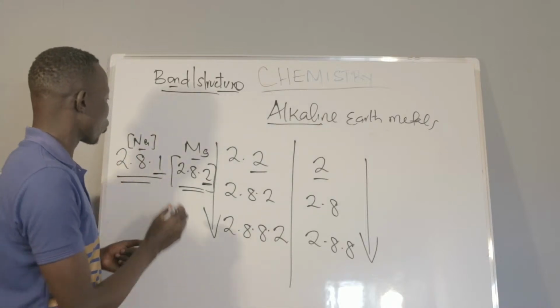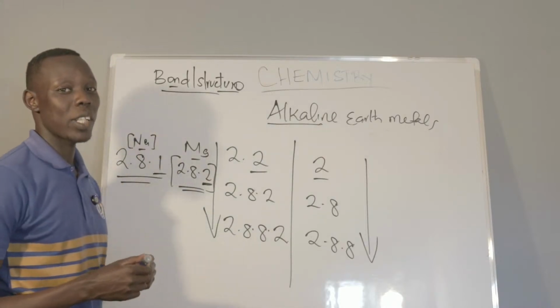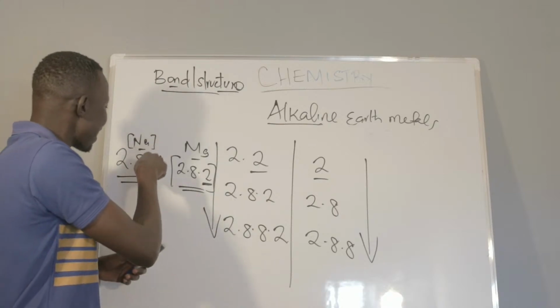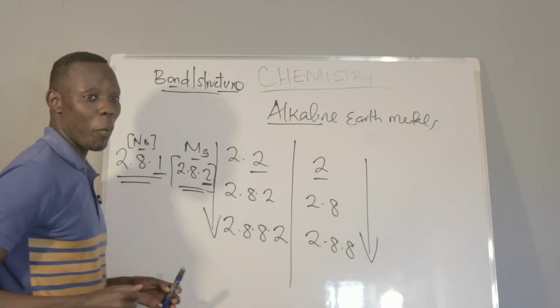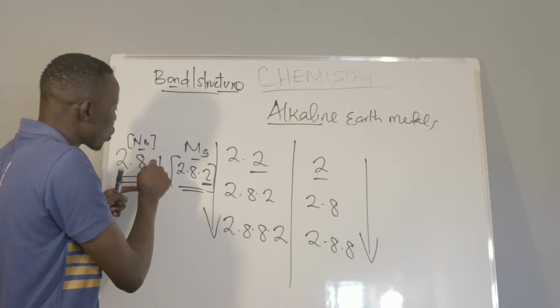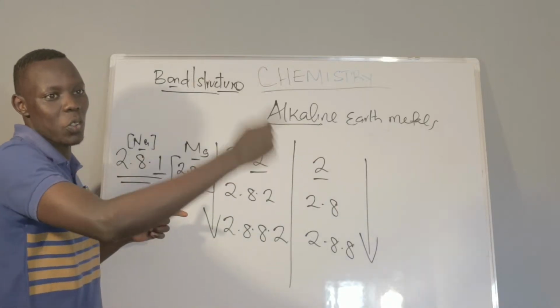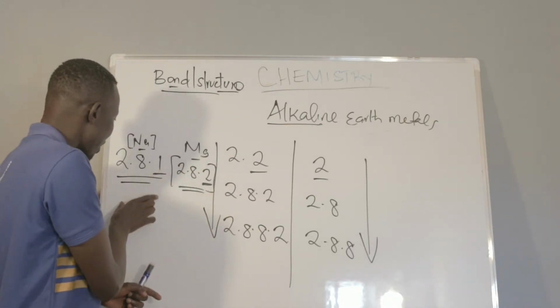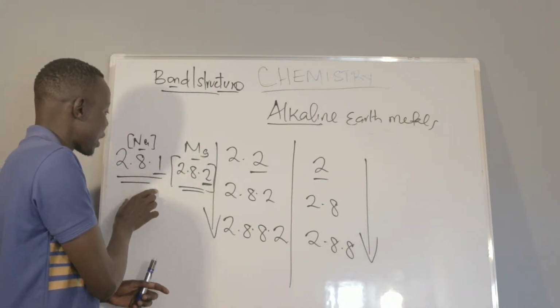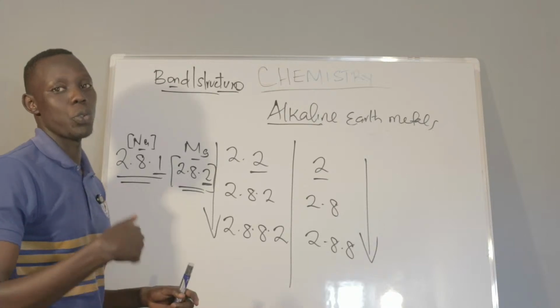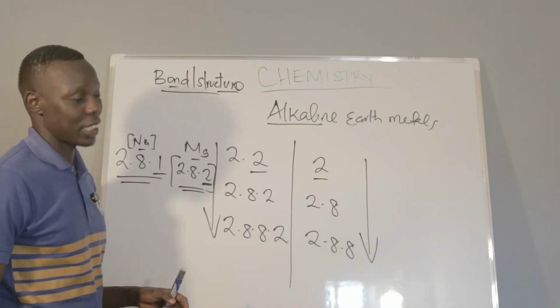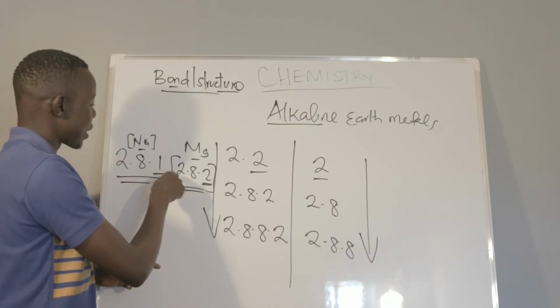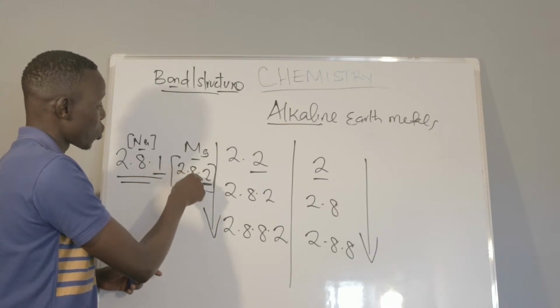The energy required to lose this 1 electron, we call it ionization energy, is less for sodium than for magnesium. So if it requires less energy to lose 1 electron, and that is the electron that needs to be lost for reaction to take place, then sodium reacts faster than magnesium. You use ionization energy, or you say it is easier to lose 1 than to lose 2.